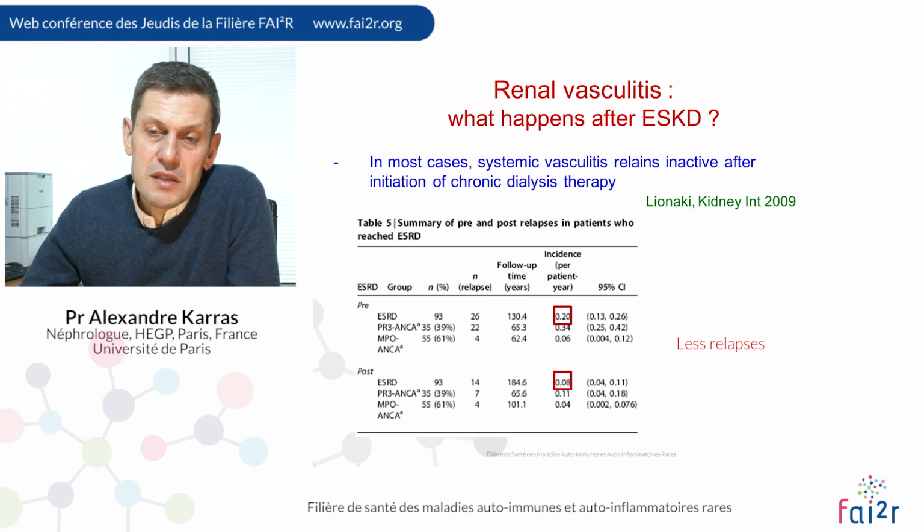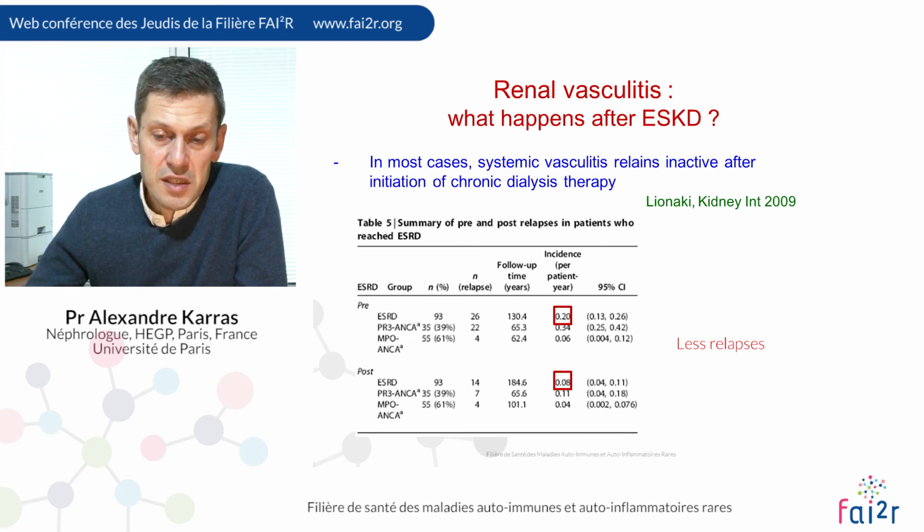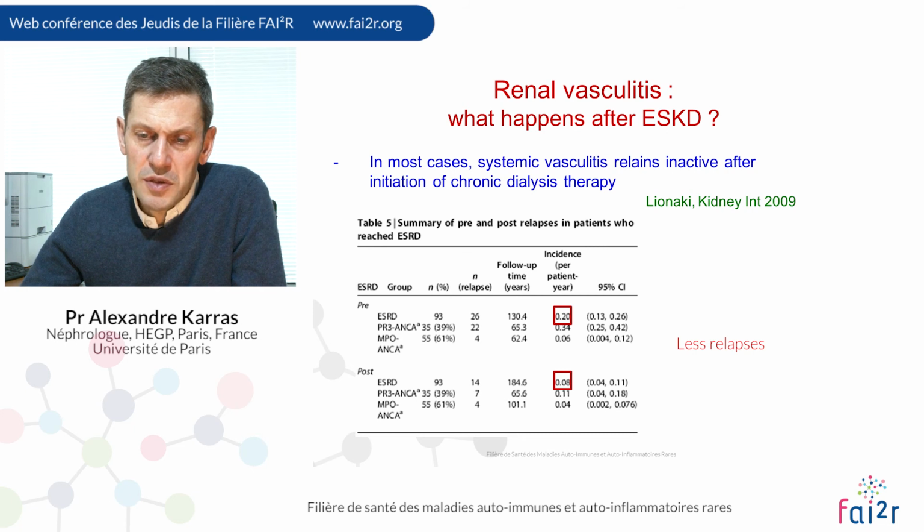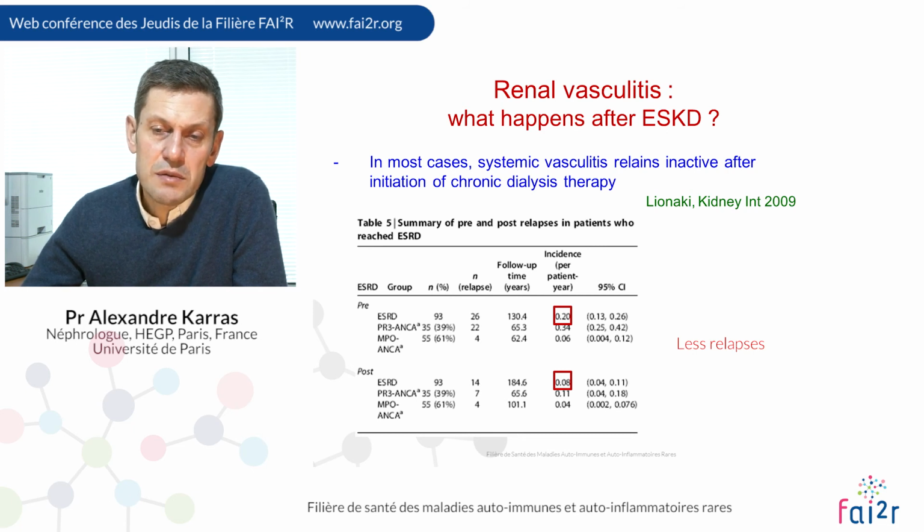So, what happens to vasculitis when a patient gets to end-stage kidney disease? In most cases, just as in lupus, the systemic vasculitis remains inactive after initiation of chronic dialysis therapy.